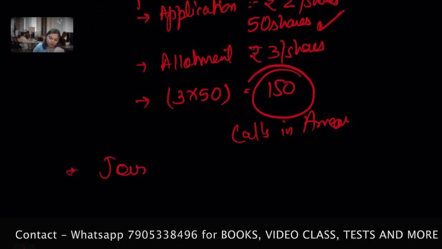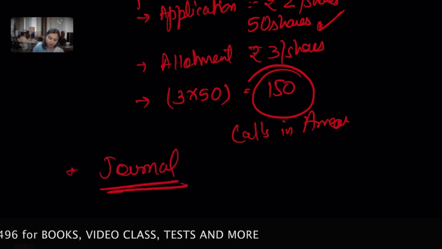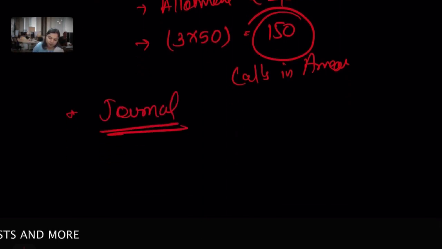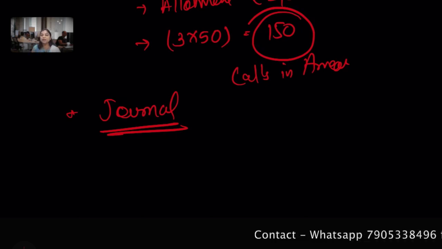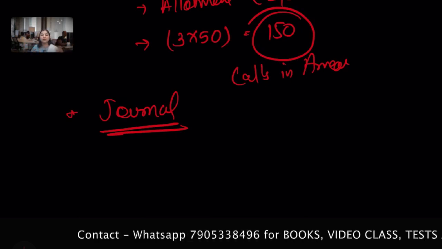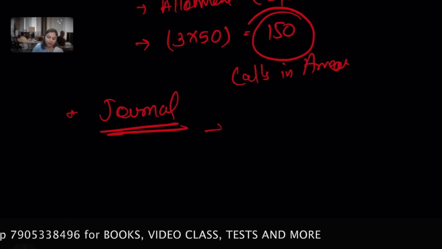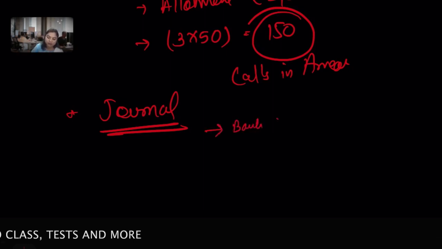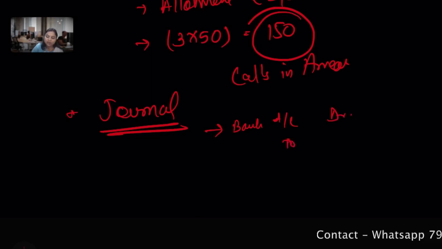Okay, so journal entries are important, because what we have done so far for application, you gave me money, bank account debit to share application. I'm just recapitulating, recalling for you, okay? Because I don't want you to memorize the journal entry.